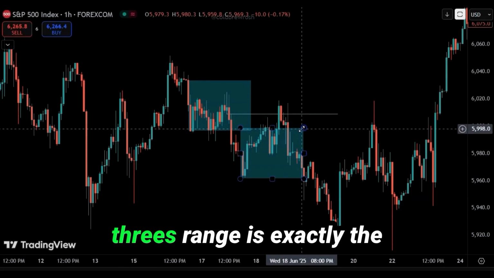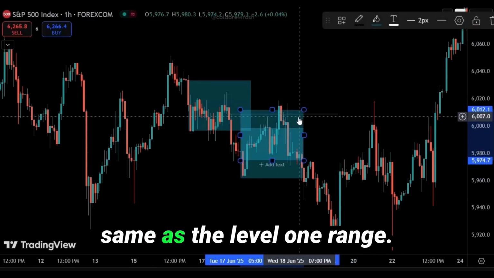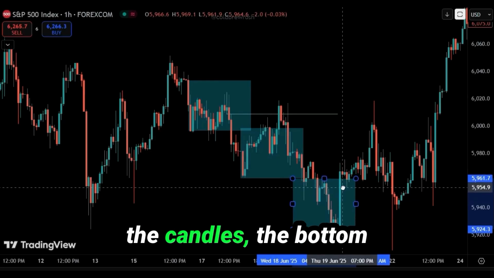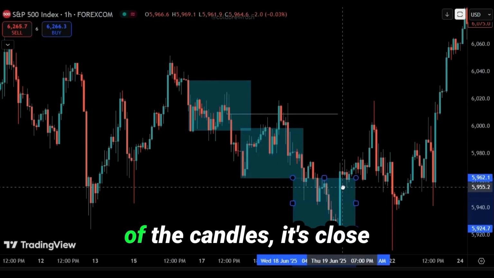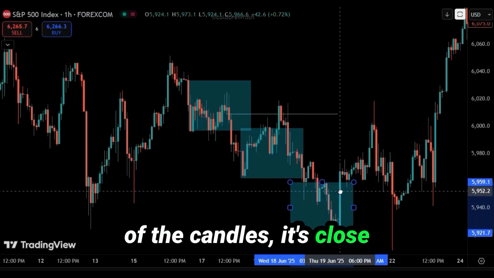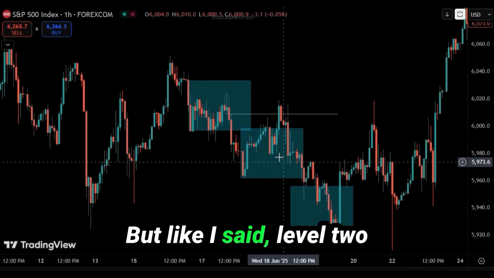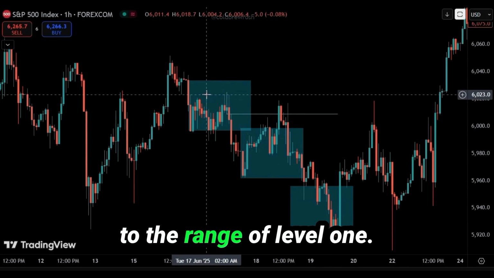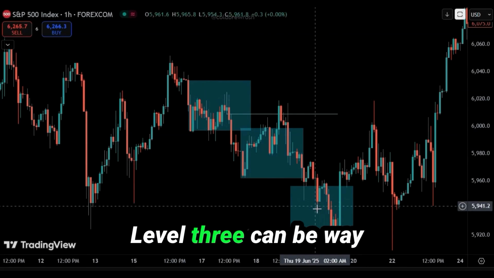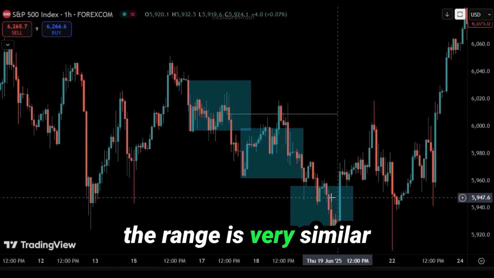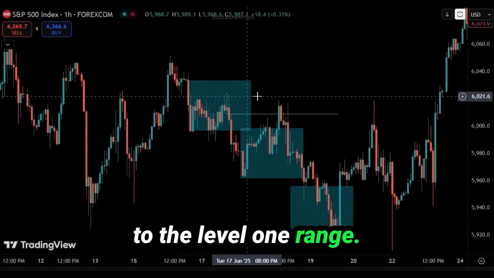Let's see if the level 3 range is exactly the same as the level 1 range. We look at the tops of the candles and the bottoms of the candles, and it's close to the same range. But like I said, level 2 is more closely aligned to the range of level 1. Level 3 can be way far away, but usually the range is very similar to the level 1 range.